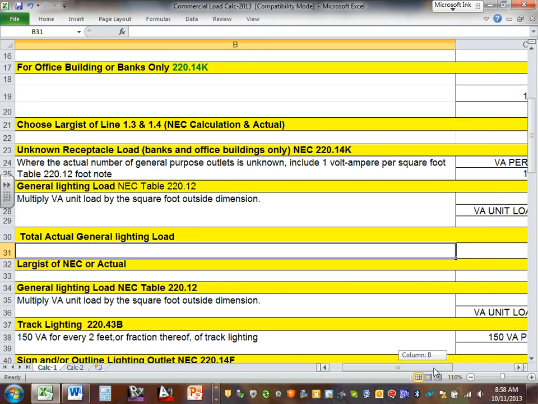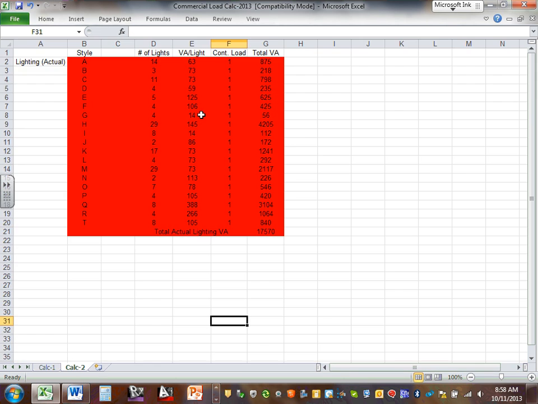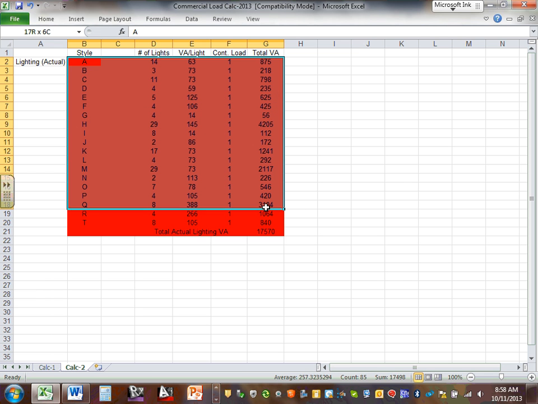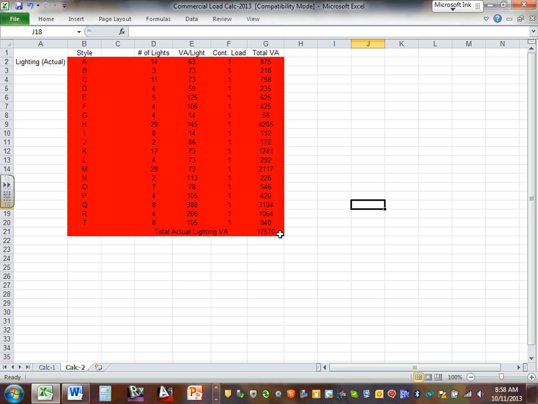Then actual. You are supposed to do the actual. Here's how the actual works. You're going to calculate your actual lighting load. You're going to have a table like this that calculates your actual load after you design the lights for the building. And you're going to compare the actual light to the code and choose the largest. You don't know the actual yet. Do we know what the lights are for the actual?